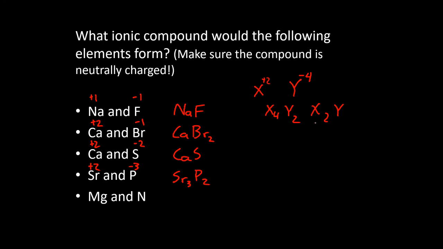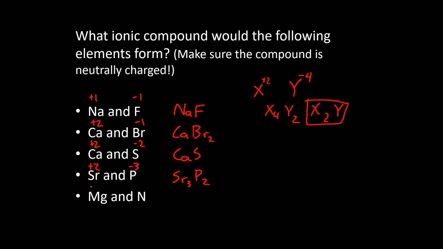And so this would be the correct answer. So that's really the only time where just swapping the numbers like that doesn't give you the completely correct answer. It's still balanced, but it is not the actual correct answer, because the actual correct answer is the smallest numbers possible that give you that balanced charge.